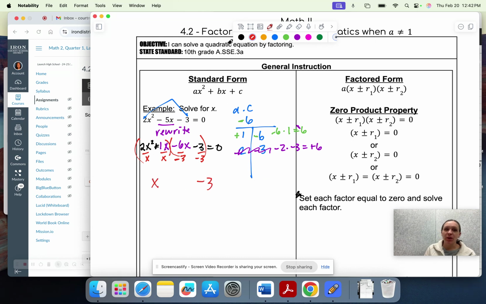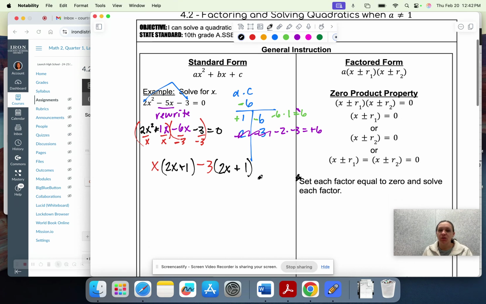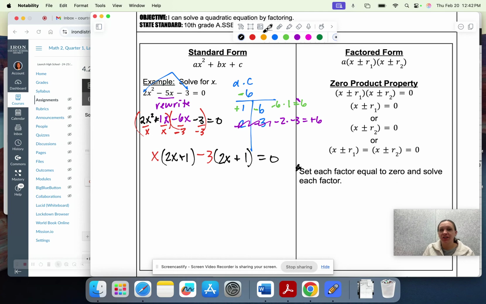So we took out an x minus 3. Our leftover is 2x plus 1. And over here, negative 6, negative 3 is also 2x. Negative 3 divided by negative 3 is plus 1. And that's still equal to 0.